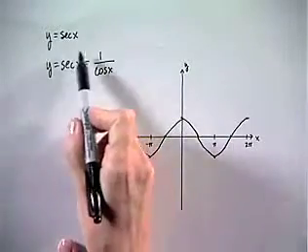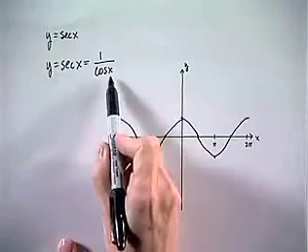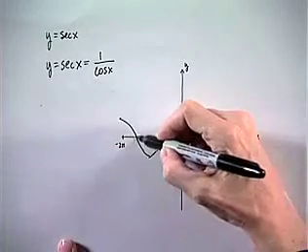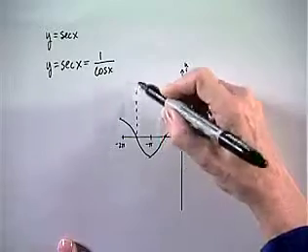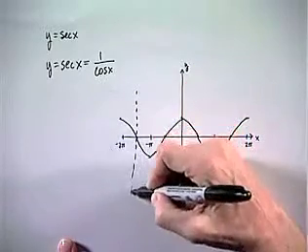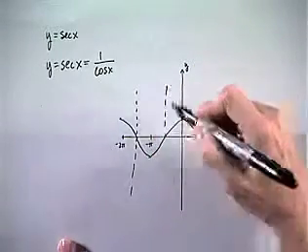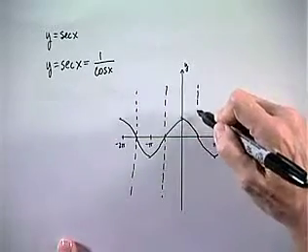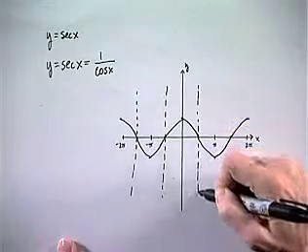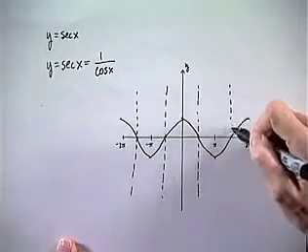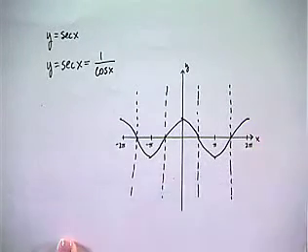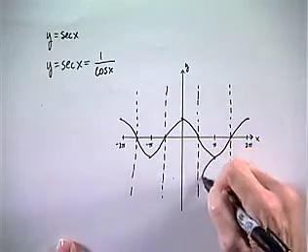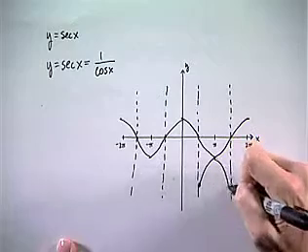Now if we look at this ratio, the secant has a vertical asymptote at any x for which the cosine is 0. Notice that the zeros are the same as the x-intercepts. And so we can draw, once we have the cosine, the vertical asymptotes for the secant. And here's one more. And then to sketch the graph of the secant does the following.